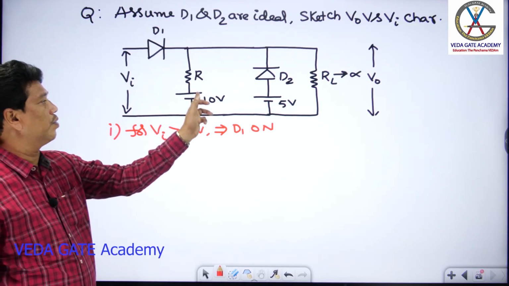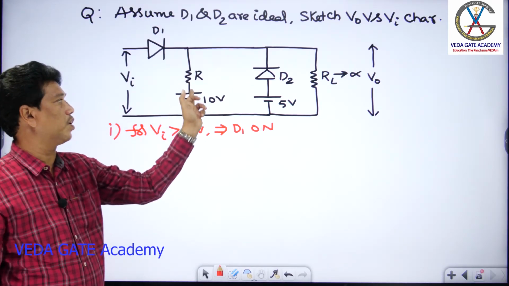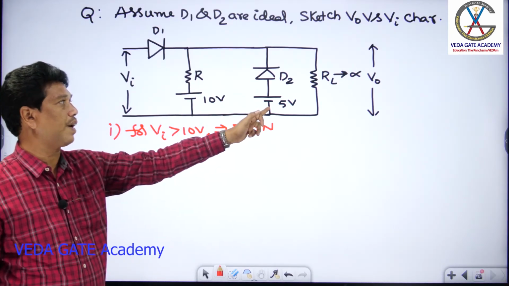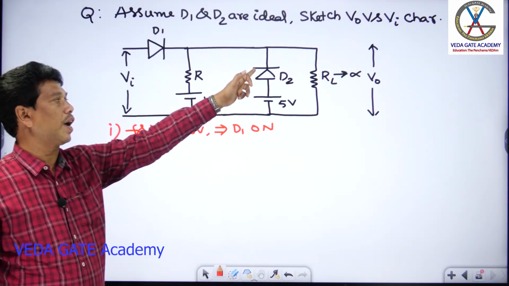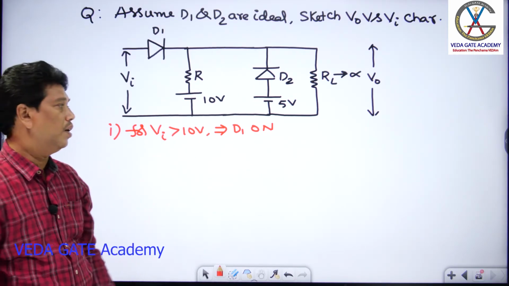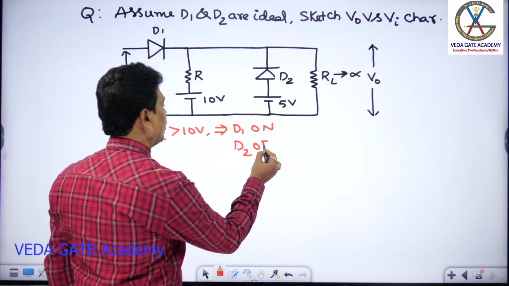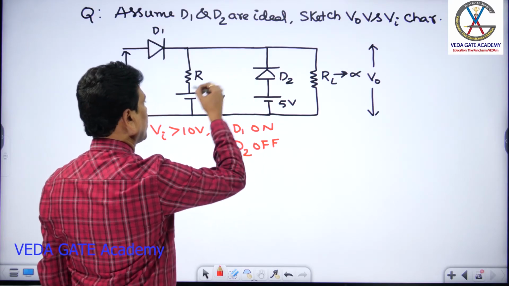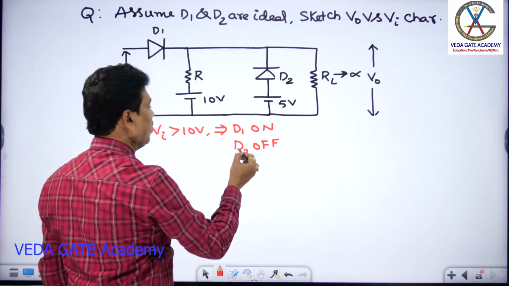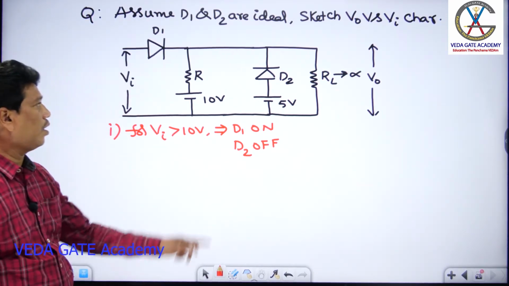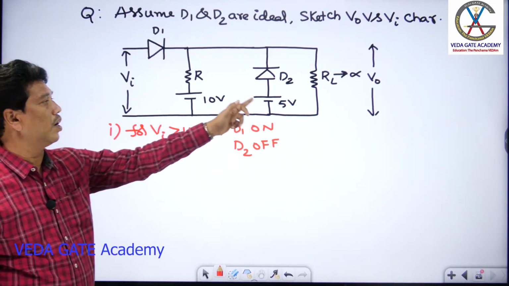Now observe D2, whose cathode is at 10 volt and anode is at 5 volt. For D2, cathode potential is greater than anode potential, so D2 should be off. So finally, D1 is on and D2 is off.